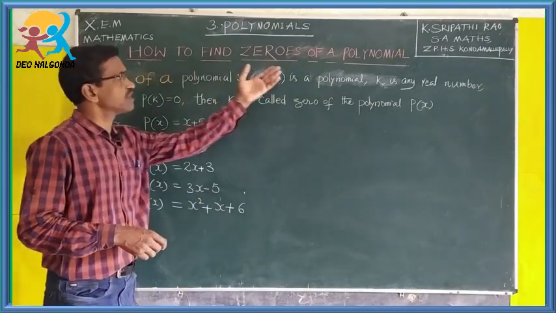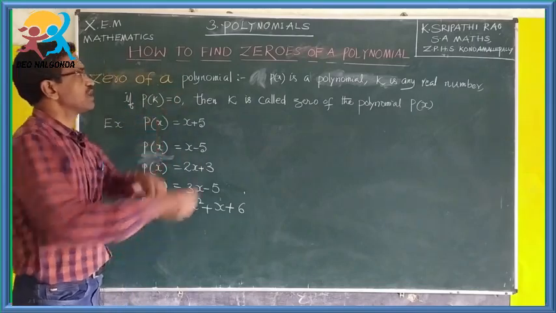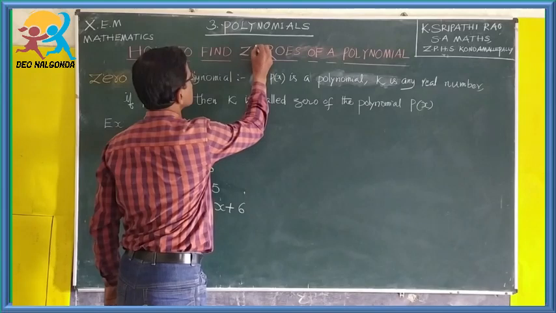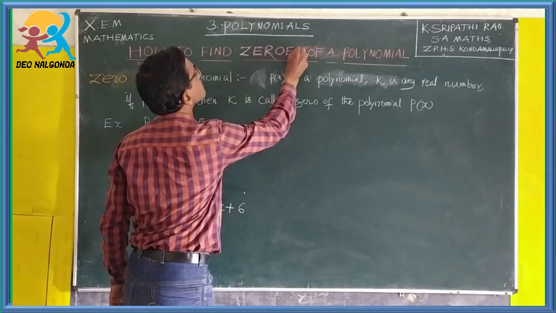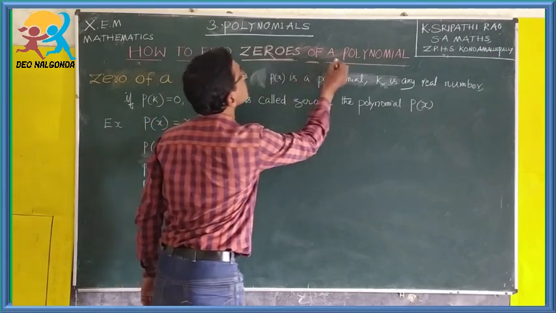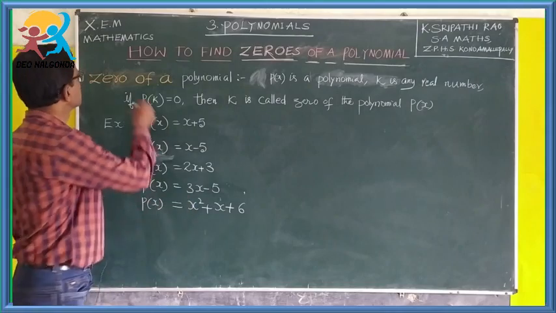How to find the 0 of the polynomial? What is the 0 of the polynomial?